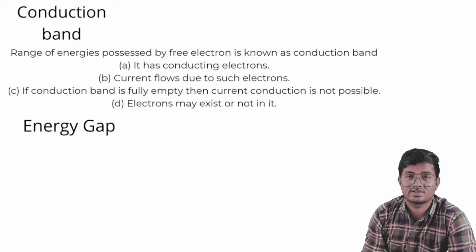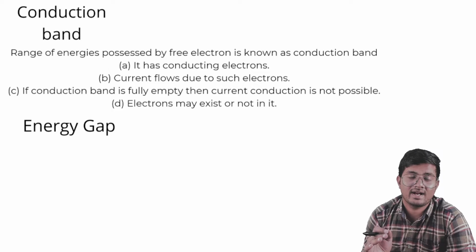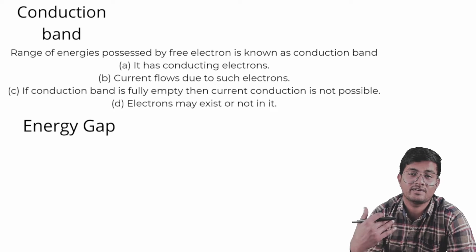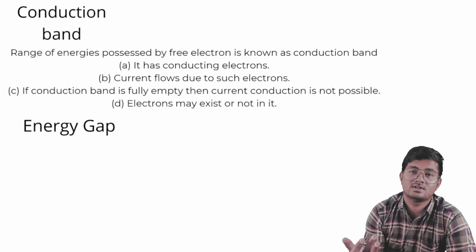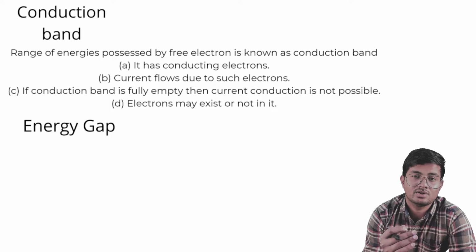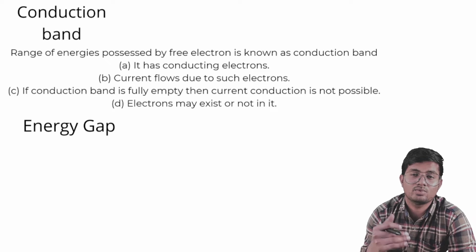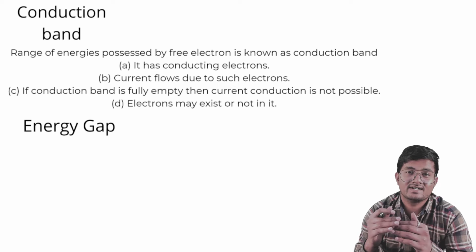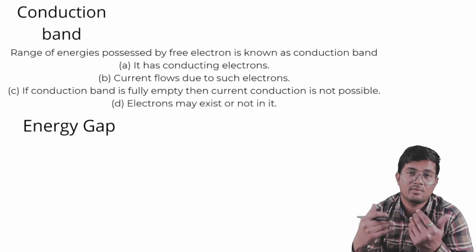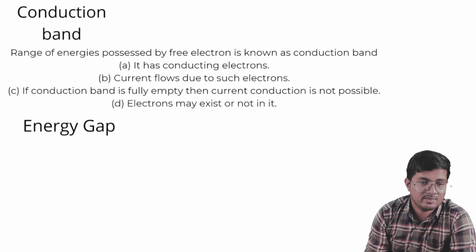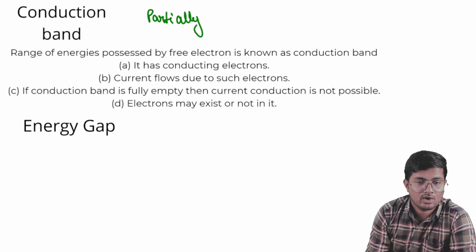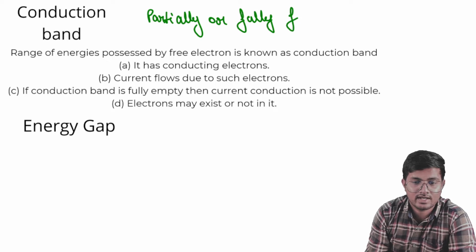And then we have the conduction band. A conduction band is formed by the interaction of electrons in the outermost region. Those electrons which occupy the outermost energy level, when they interact they form a conduction band, and it can be partially or fully filled.